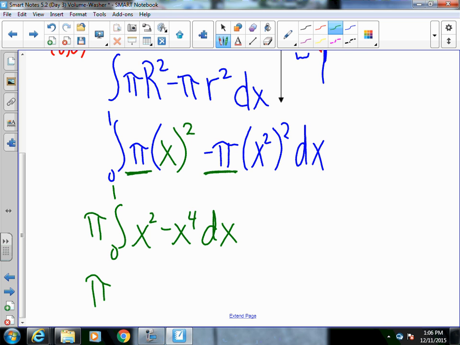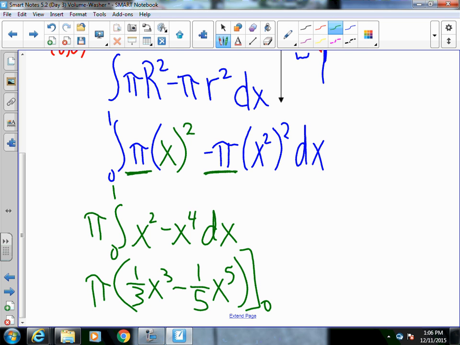We need to anti-derive: 1/3 x cubed minus 1/5 x to the fifth, from 0 to 1. And we have to plug in our 1, which gives us, I'm going to leave my pi out front for a second, 1/3 minus 1/5. Plug in our 0, we get 0.